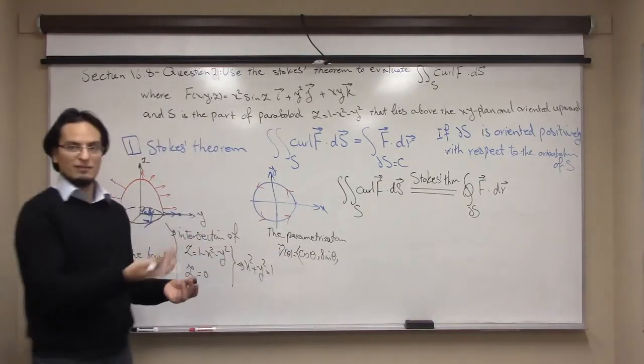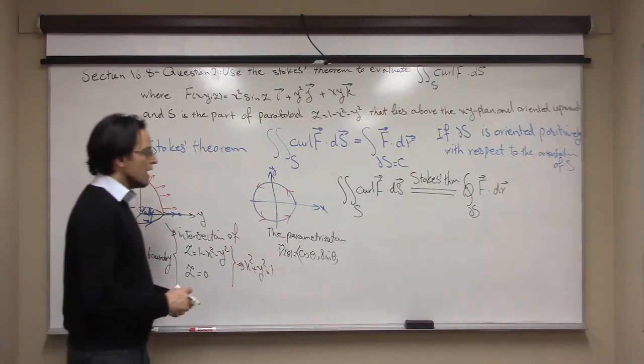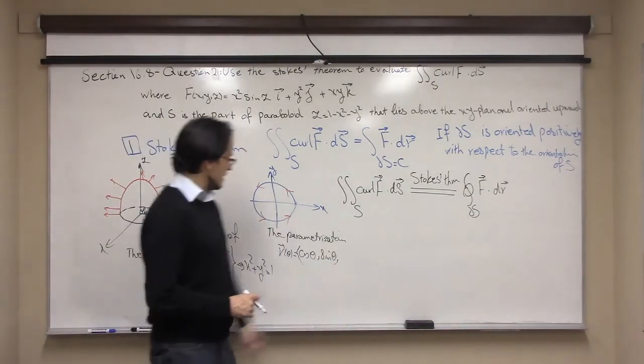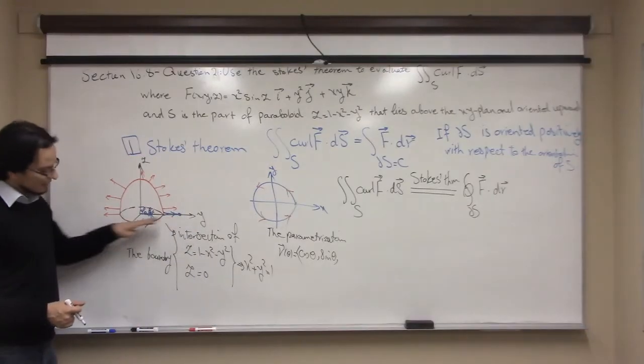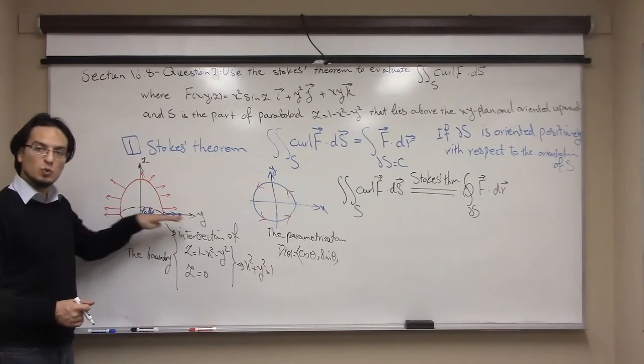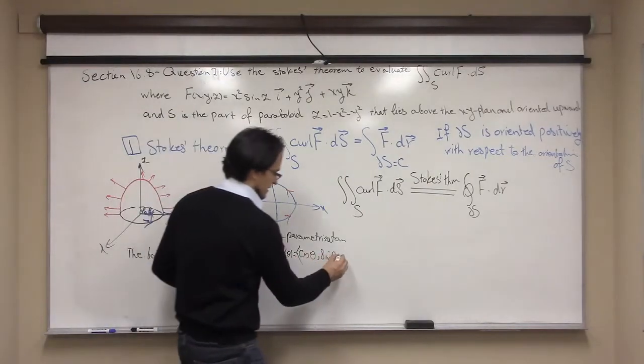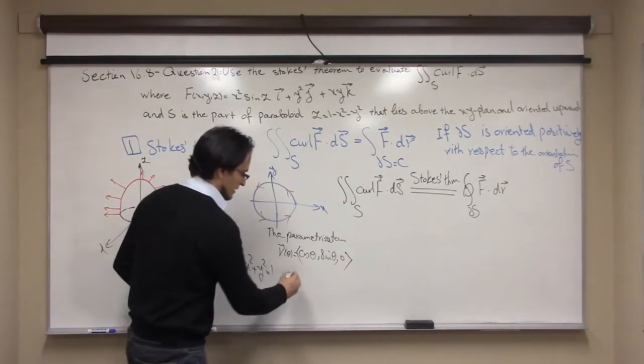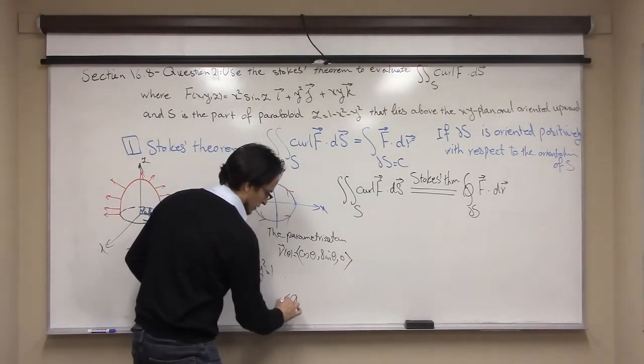That's x and y. I'm using polar coordinates. And then for z, I know that this happens at the level of z equal to 0. So this is the parameterization. What about theta? Theta goes from 0 to 2 pi.